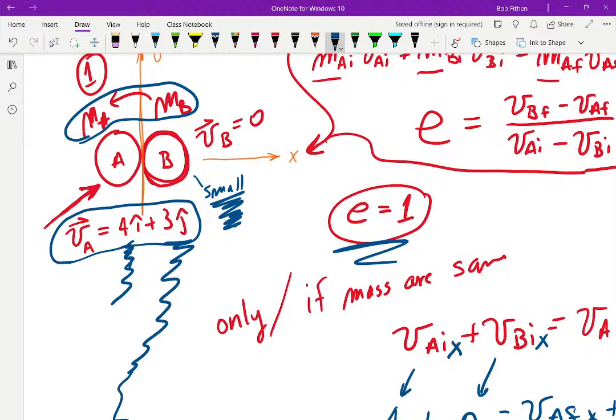When I say small, I'm talking about the mass. You could even shrink it down to where this is like an atom and this is a boulder, and essentially there's no appreciable change in the velocity of A impacting this little atom.